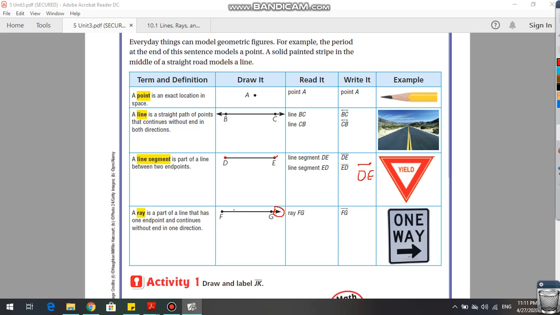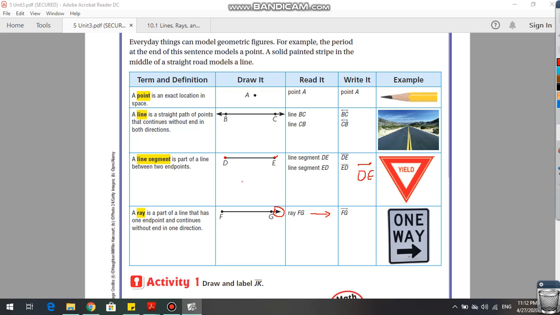To read it, guys, a ray has only one way to read it: FG. I can't say GF. Why? Because I started from F and I don't know where it ends. So I can't start from G. I have to start from F because it's my starting point. So it's FG, and the ray sign is a dash with an arrow.